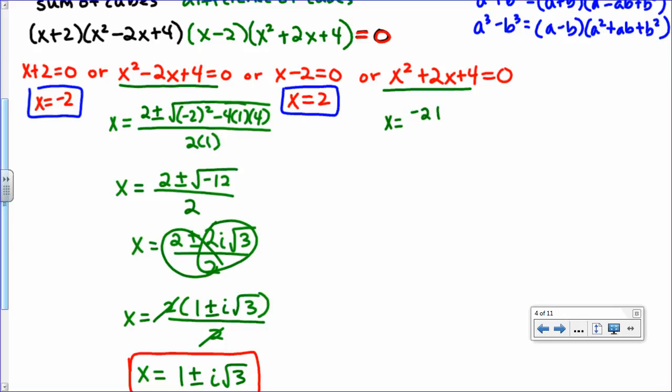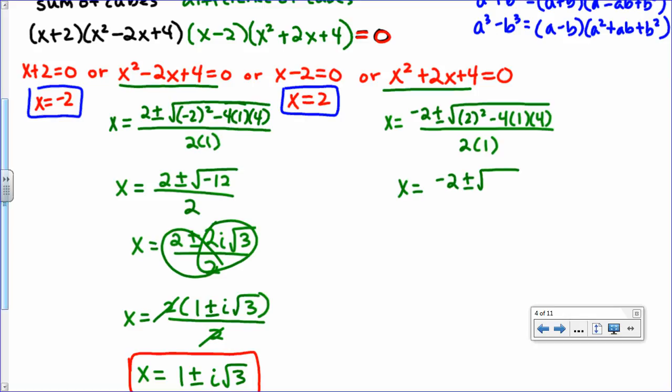So opposite of b plus or minus the square root of b squared minus 4ac, all over 2a. So you should get negative 12 again. So I know that simplifies to 2i square root of 3.